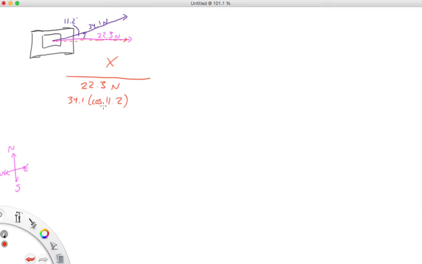Now, 34.1 times the cosine of 11.2 is 33.45, and so on. I want to make sure I get this right.